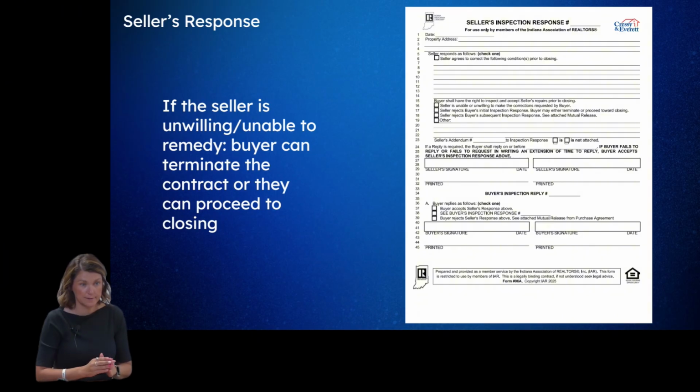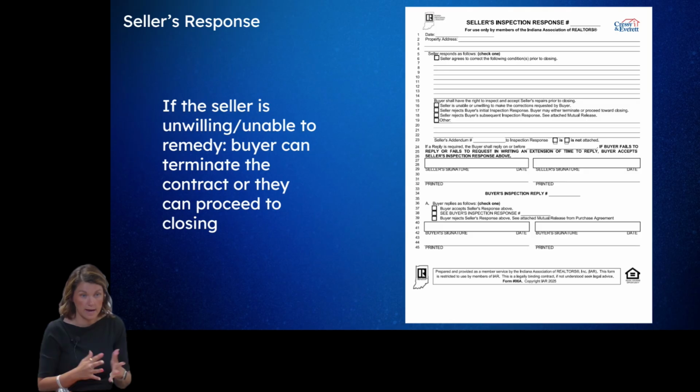Now that buyer could be like, are you nuts? There's black mold through the whole house. We can't buy this house with this. Or they can say, all right, fine, I guess we're paying for that. And they'll move forward. So it's possible. I would imagine that if they're unwilling to make any repairs, we're going to be looking at a mutual release situation.